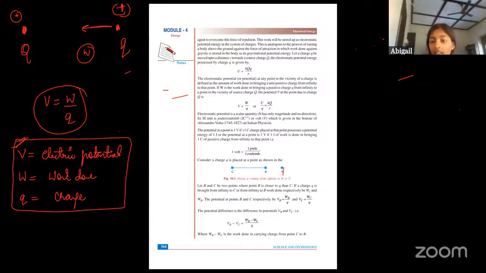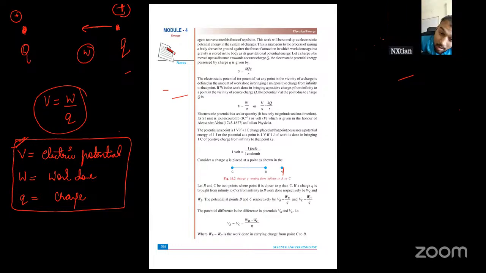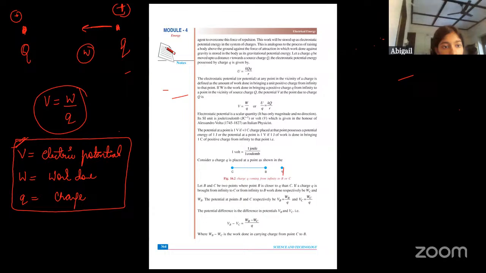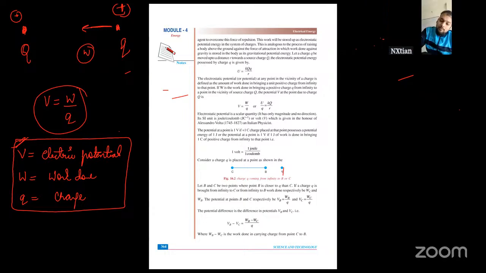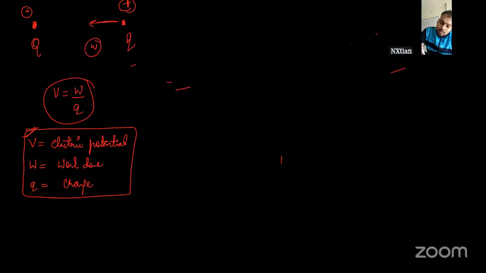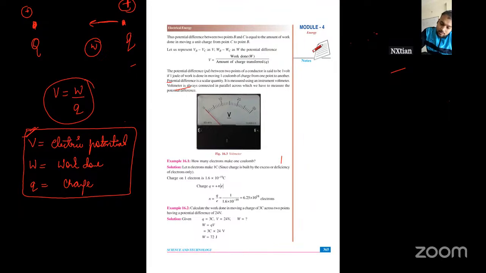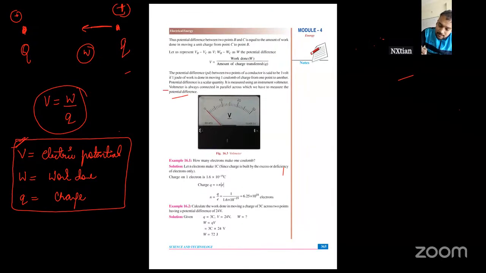So charge is always in coulomb. Okay. So now, with the help of this, you can solve this question also, like the question which I gave just now: calculate the work done in bringing a 3 coulomb charge across two points with an electric potential difference of 24 volt.